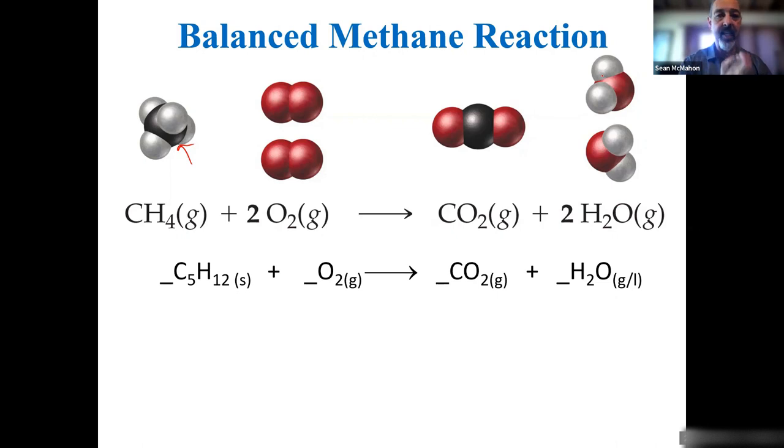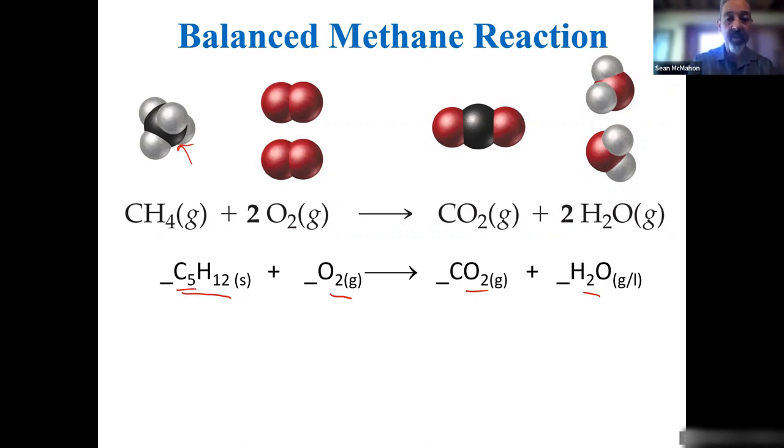So is this a combustion reaction? Yes, there's a fuel source, pentane. There's oxygen, CO2, and water. So first I want to balance metals. No metals. Where do I go? Non-metals. I save hydrogen and oxygen for last. So the other non-metal is carbon.